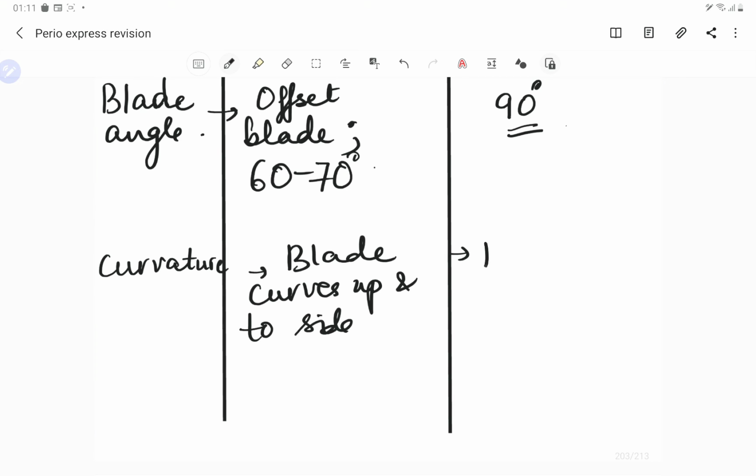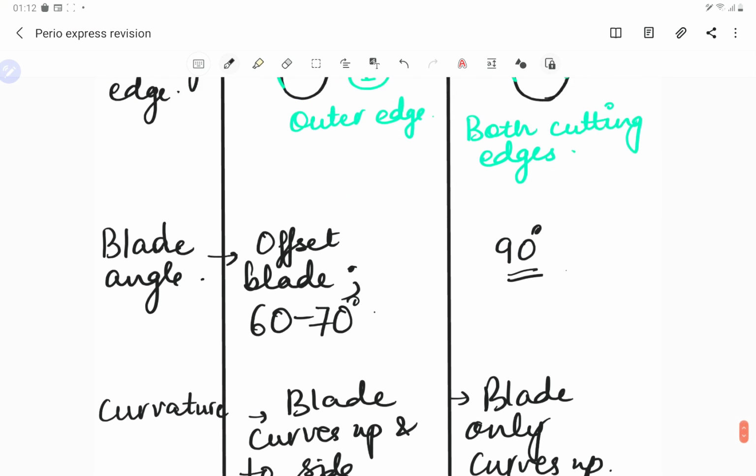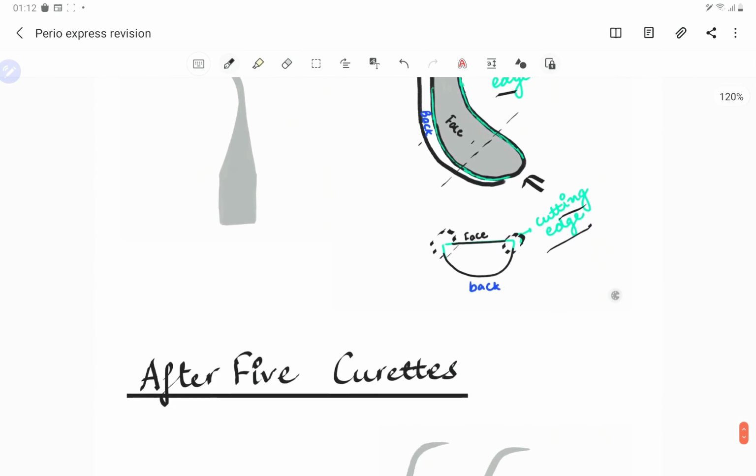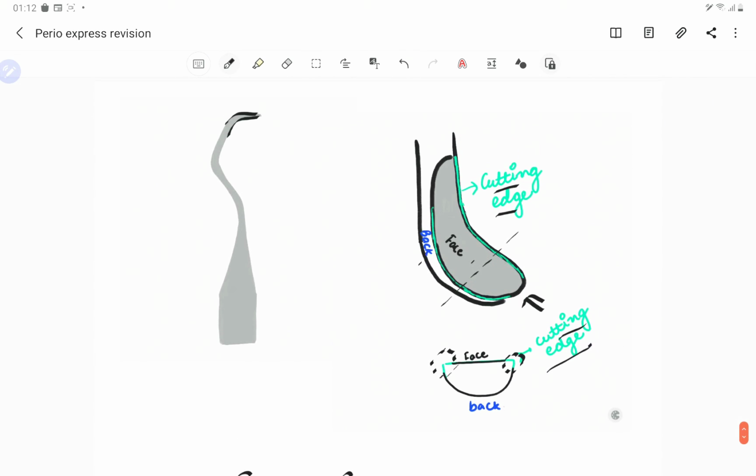But in case of universal, the blade only curves up, not to the sides. So this is the difference between the Gracie and the universal curette. So this we have covered, that there is a cutting edge in the universal, both the cutting edges. So cutting edge, if one is there, then it is the Gracie. If both are there, then it is the universal, right?